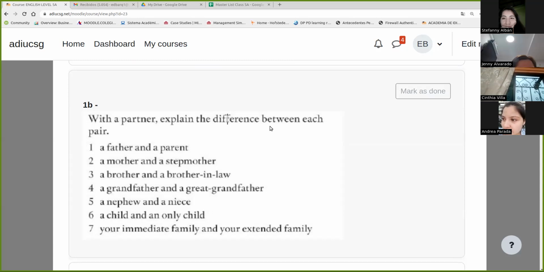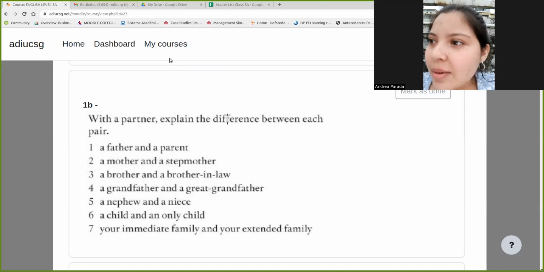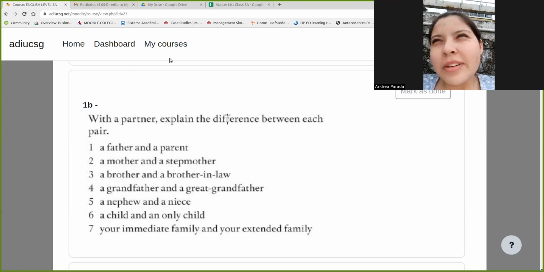A mother is a pregnant woman and his son is with her husband.